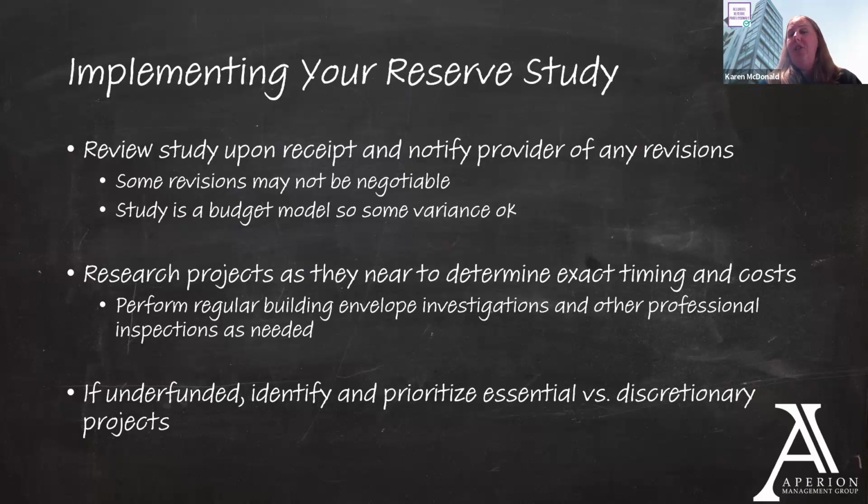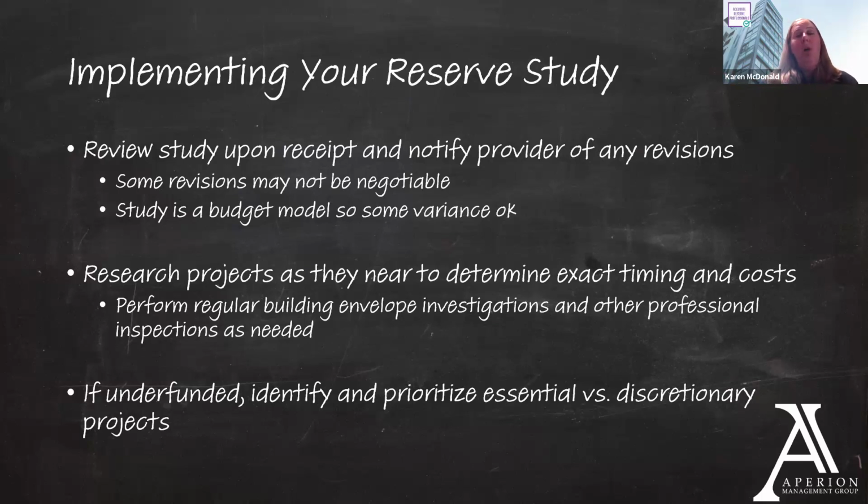And then you just want to make sure that the item actually does need to be replaced. Because the reserve study is a budget tool, it's totally possible that it shows that an item is due for replacement, but upon further investigation by an expert in that material or that area, it has another 5 or 10 years left, and then that's what you would report to your provider through the revision period.